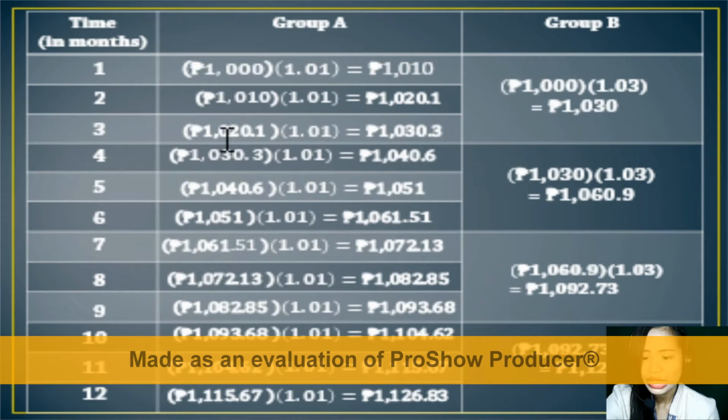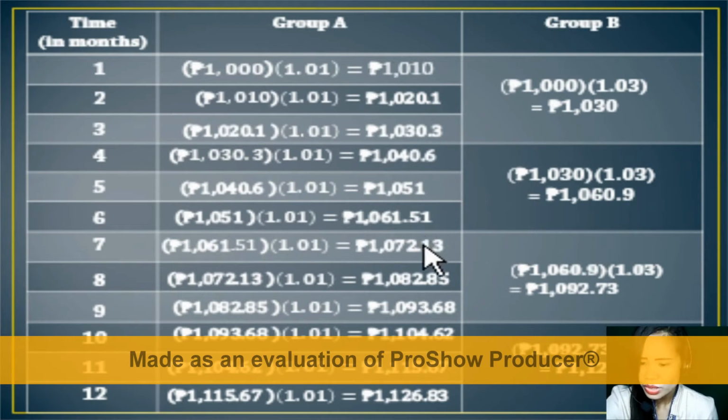Also, in the third month, same as usual, we will base it on the earning we have in the second month times 1.01. The answer is 1,030 pesos and 3 centavos. If you compare the two in the first quarter, the total invested money in Group A differs by 3 centavos compared to the earning of Group B.